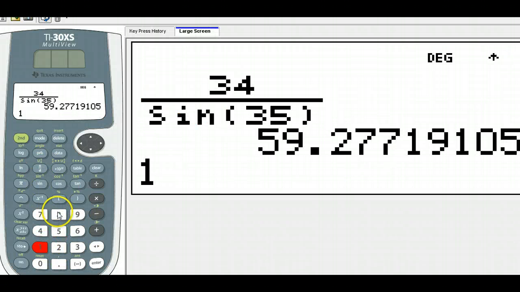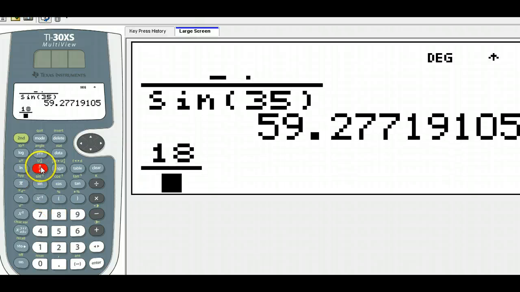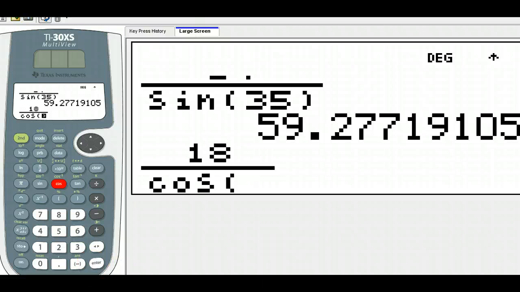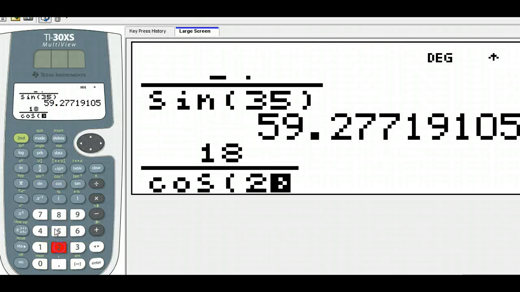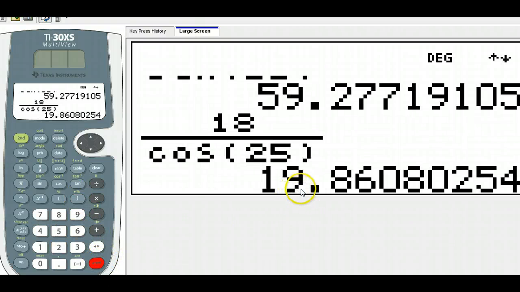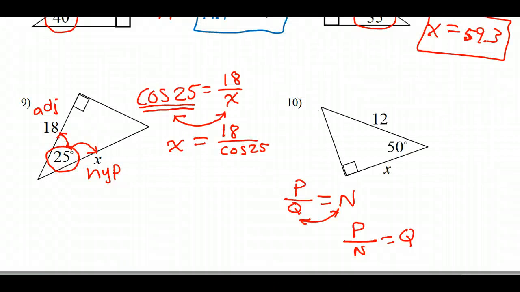So we'll do 18 over cosine 25. That gives us 19.9 if I round to the nearest tenth. So x is equal to 19.9.